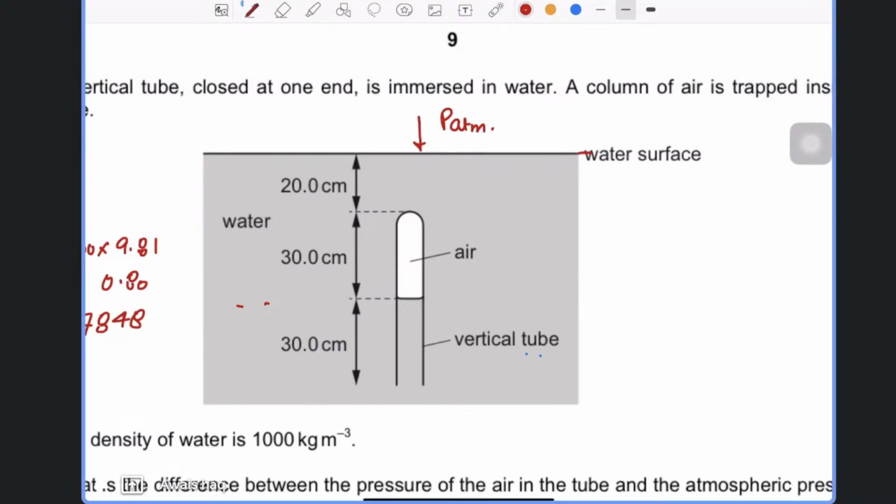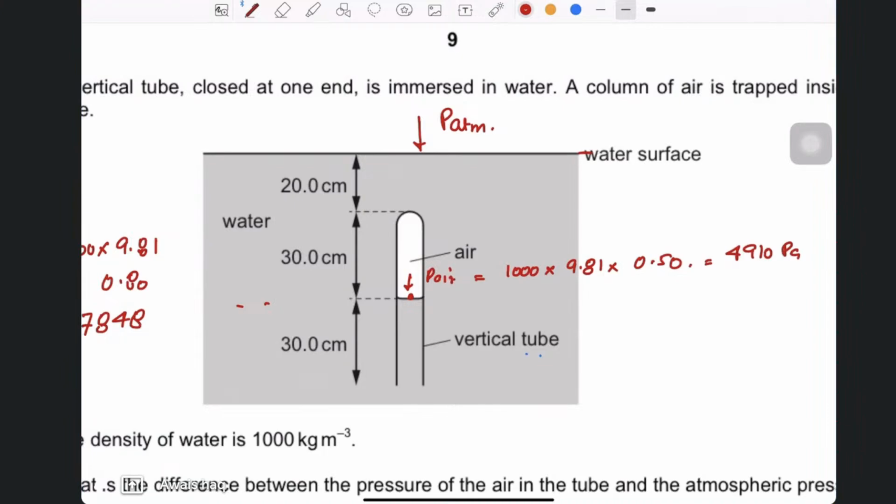So if I want to find the air pressure right here, I know that's going to be pressure equals 1000 density times 9.81 and times the depth, which is 0.50. You agree? Yes. So that is 4910. Sir, why is it 0.5? Because you have to take the depth from the top.